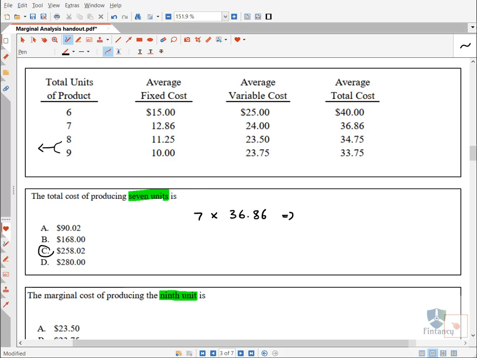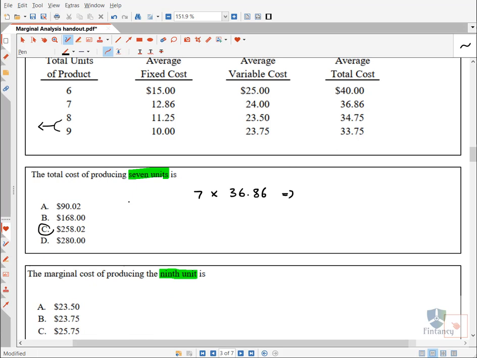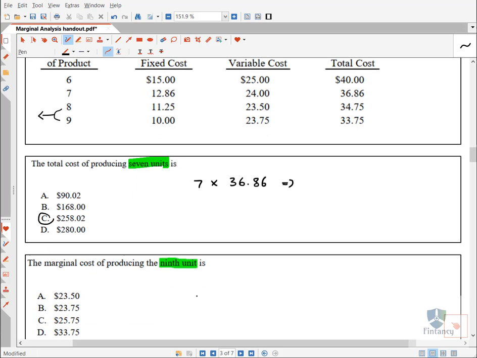So basically what you will do is 9 into 33.75 minus 8 into 34.75, and that should be your answer. Please confirm if C is the answer.